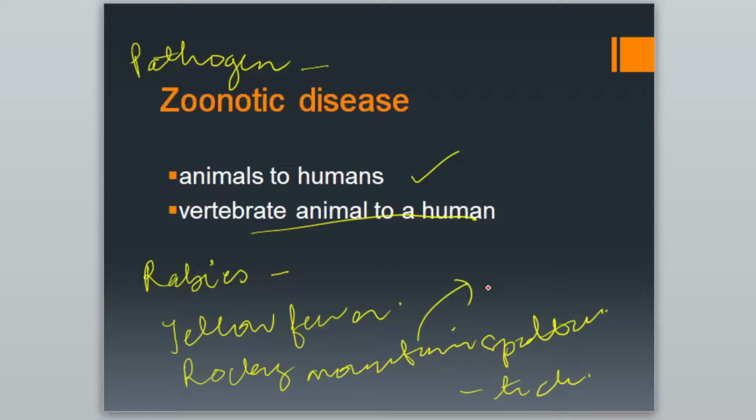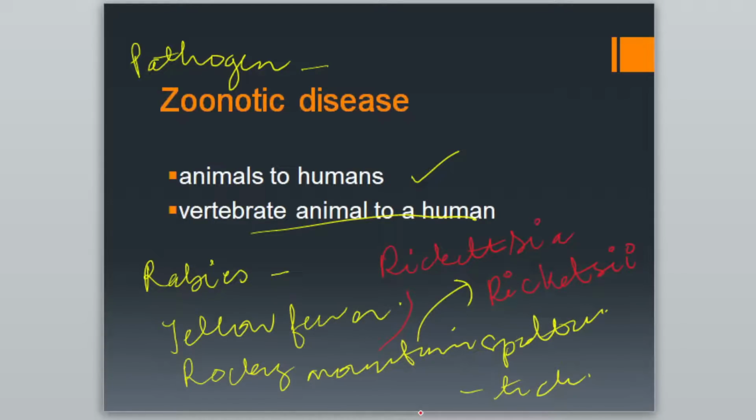Okay, then note it down. It is Rickettsia rickettsii. This is the causative organism of Rocky Mountain fever.